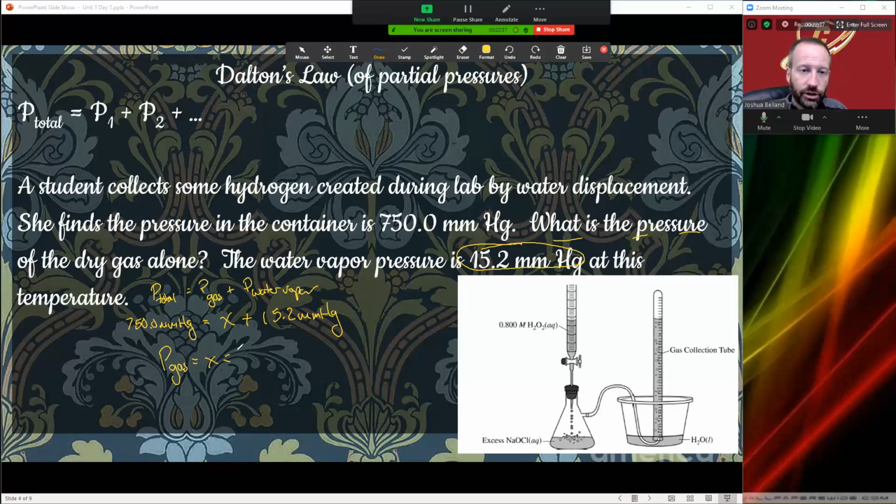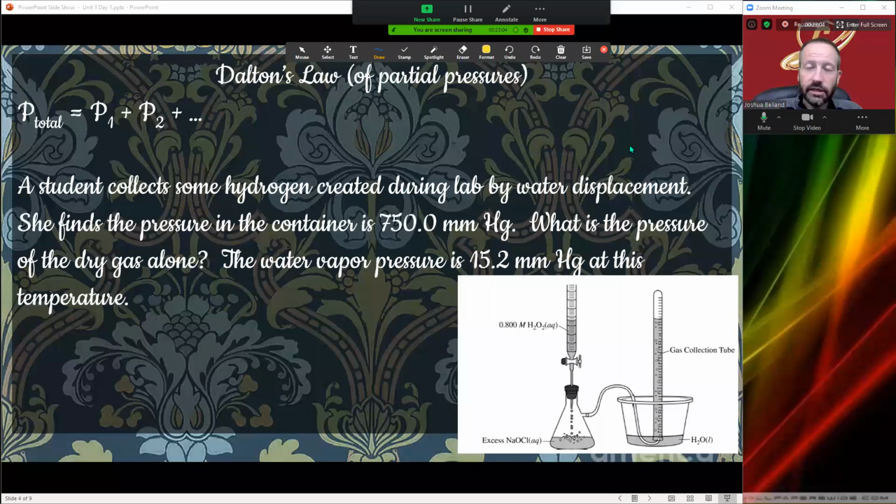Hopefully you're doing it too. The pressure of the dry gas alone, I got 734.8 millimeters of mercury. So there's my final answer. That would be something that would be rather common to see on the AP exam. They could easily ask that kind of question. I haven't seen this sort of thing often, but it is a possibility. Okay.